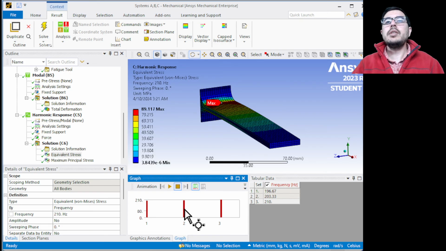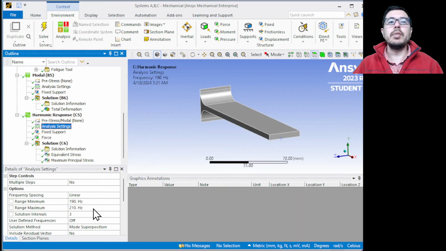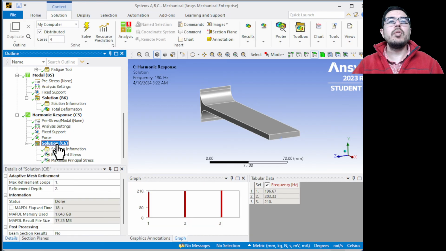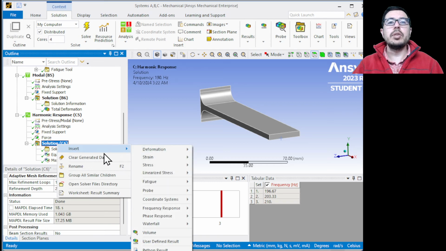So let's do it interestingly. Again, if you want a specific frequency, you specify that as the maximum one. It seems to nail that one, but the other two are suspect. And so now let's go ahead and add the fatigue tool.